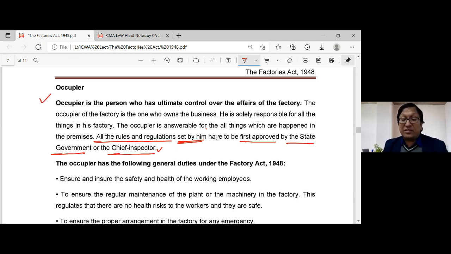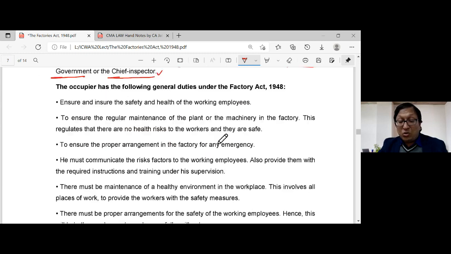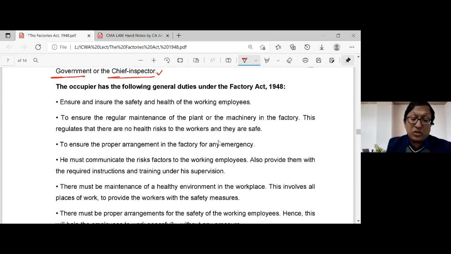This is an important definition. So what general duties have been entrusted on the occupier under the Factories Act? These are as follows. He needs to ensure the safety and health of working employees.